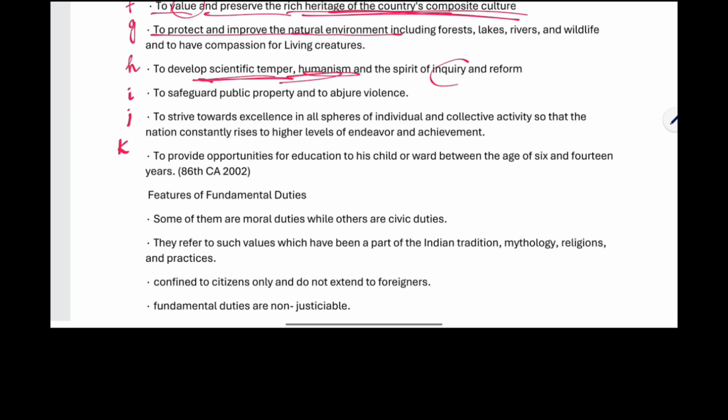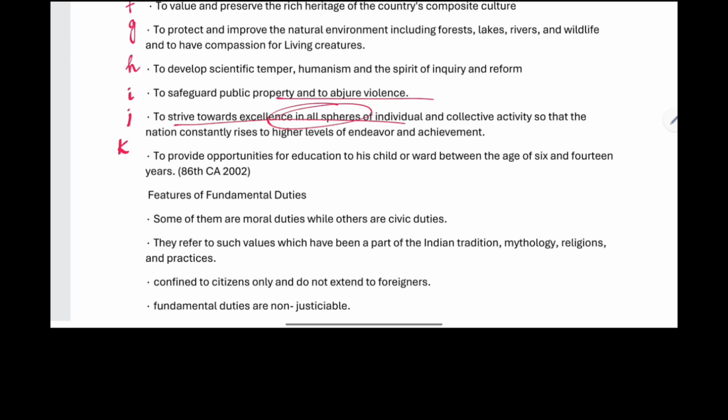Spirit of inquiry, we need to inquire and then reform. Directly from the nature, we are coming to the science. Nature, science, scientific temper, and to safeguard the public property and to abjure violence.